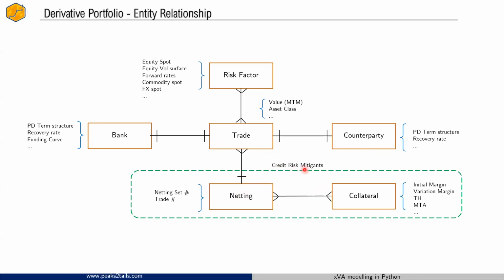In risk management, we use CRM. CRM stands for credit risk mitigants. Okay. First one is netting. It's a very simple but powerful idea. So basically, we do not value the trades on a standalone basis. We simply add them under a netting set, so that the overall exposure is kept at a minimum level.